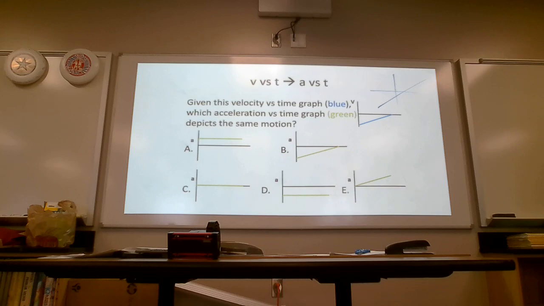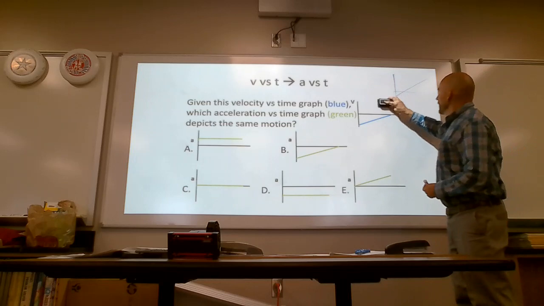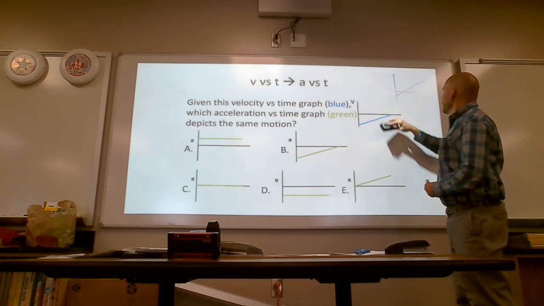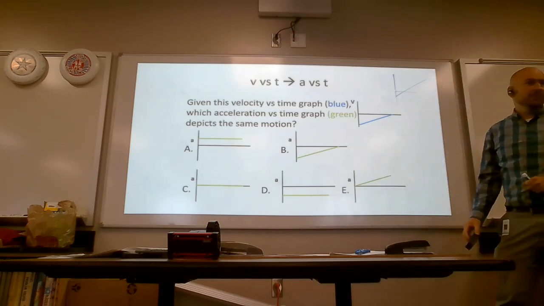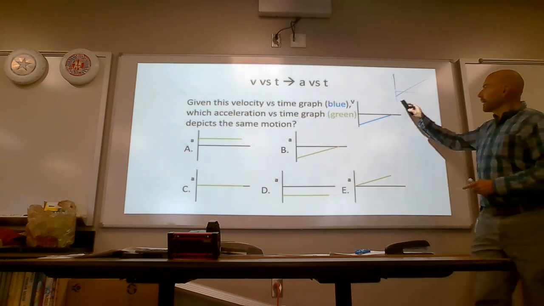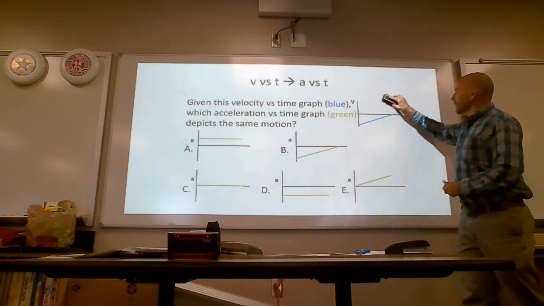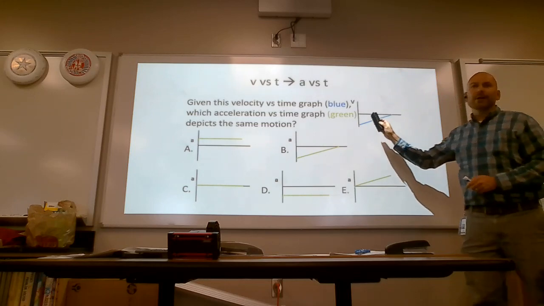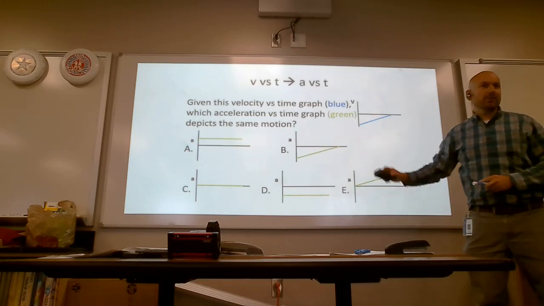Positive. Okay. It does not matter what quadrant it's in. It's a positive slope. Here, we're just looking at the first and the fourth quadrant. Okay. Has a positive slope. Therefore, the value of acceleration is also positive.